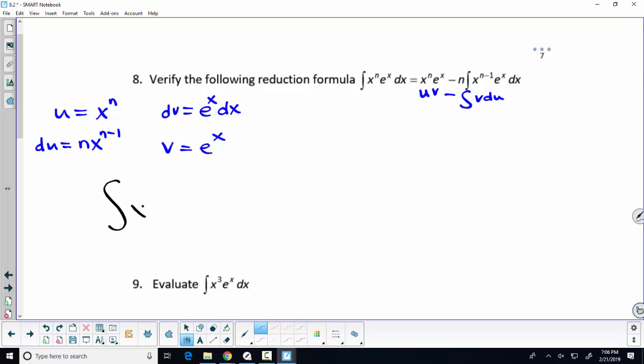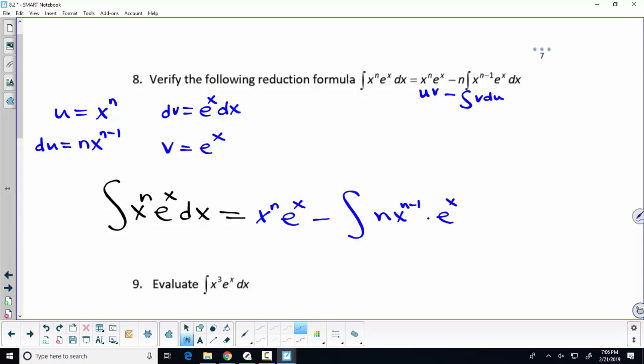The antiderivative of x to the n e to the x dx is u times v minus the integral of v du. And there's the result. Since n is a constant, it's pulled out front.